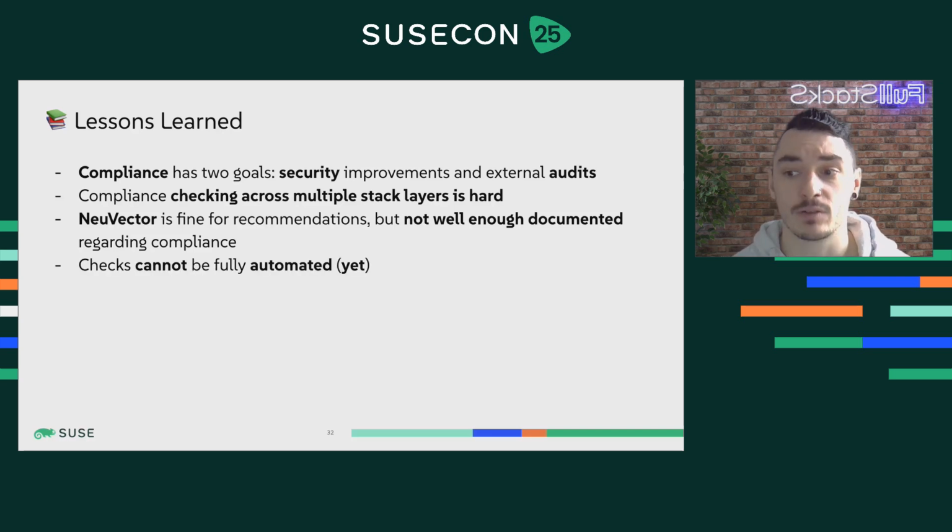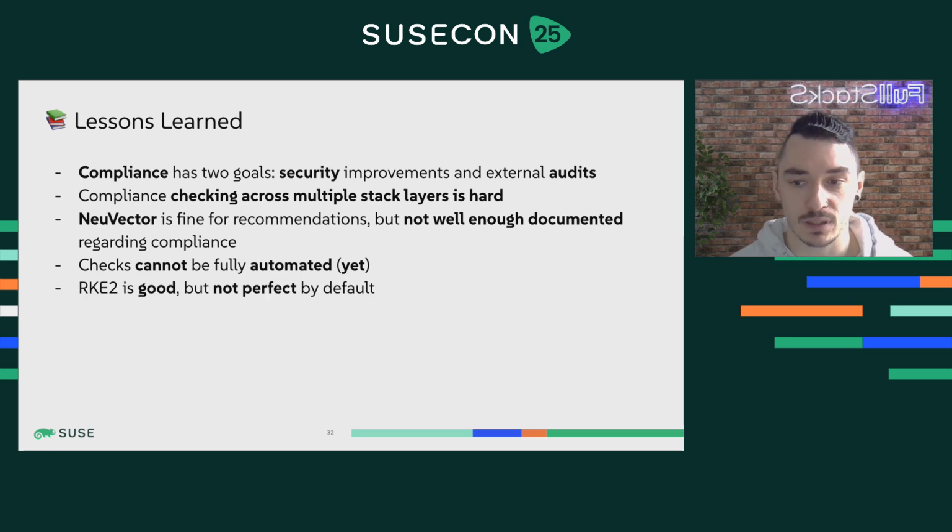Checks, as a general statement, cannot be fully automated yet. This depends either on the check, because it's just not technically graspable enough to write a check for it, or because the technology just isn't far enough along to actually check such a thing.